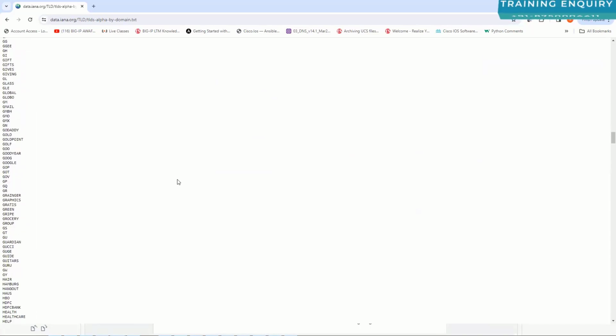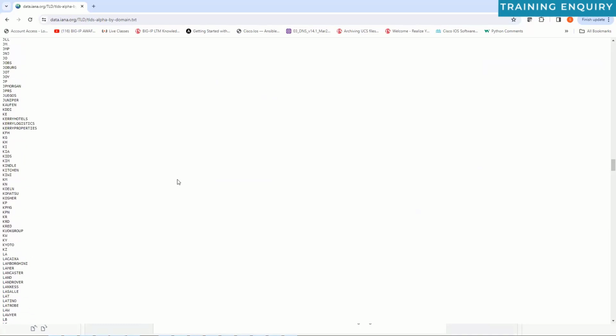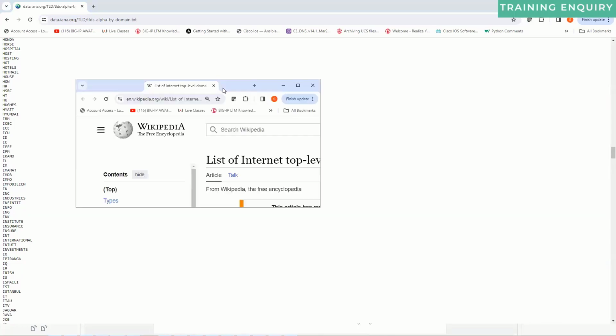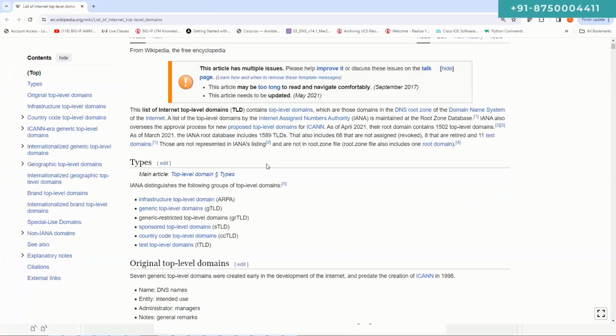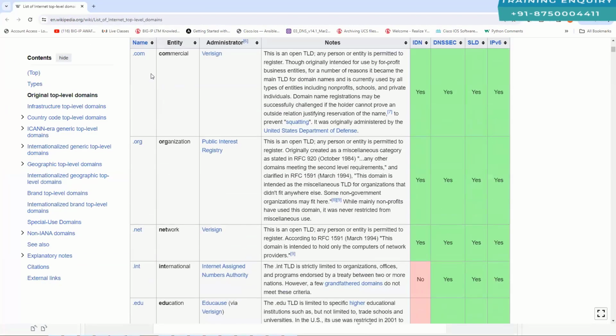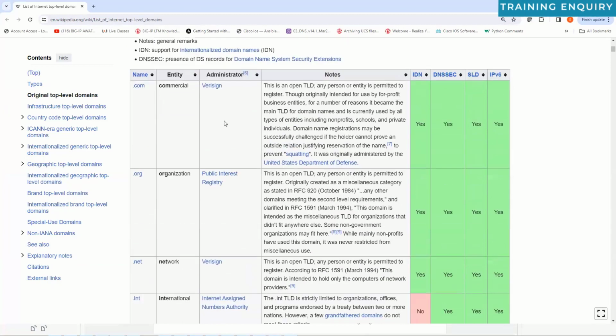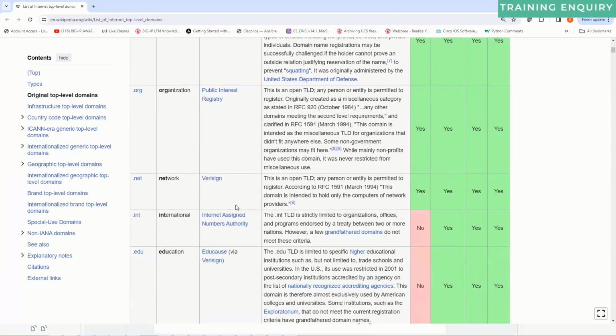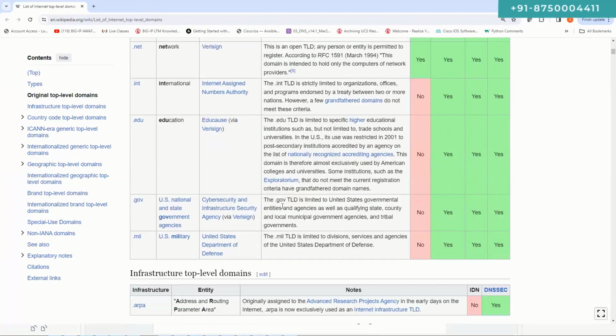So these are the top level domain list, or I would call it TLDs, right? And if I show you that list in more detail, probably you can go through this page. So these all are like .com, that's the TLD. .org, organization. .net, .int.